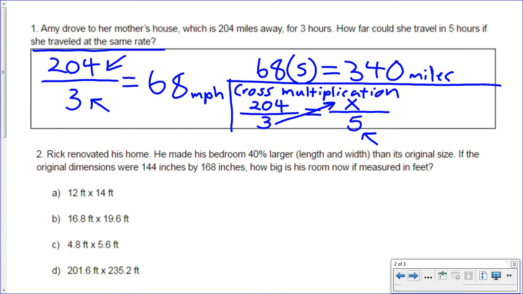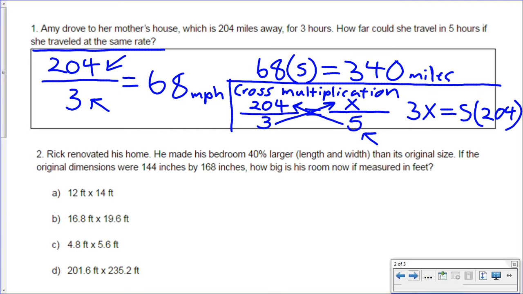So what that means is 3 times x, which we just write 3x, then we put an equal sign, and then we multiply across again. So 5 times 204. Now you may recognize this. This is just an equation with a variable on one side, and we can isolate the variable to solve for the problem.